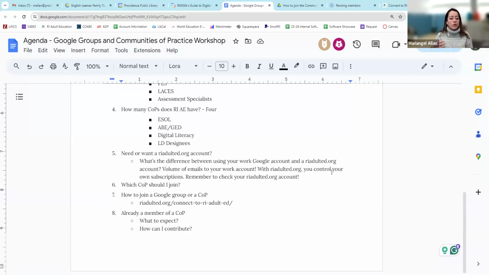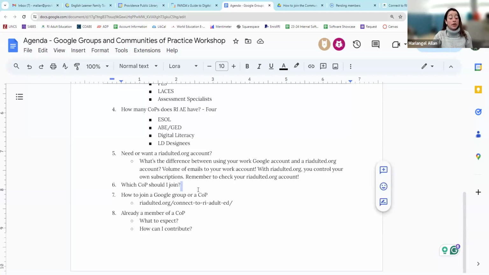If you would like to control that, you could use your ariadne account. Another thing you could do is bypass those emails. For example, you can choose from the settings to just receive emails from the COP sent to your work email if you choose to do that.